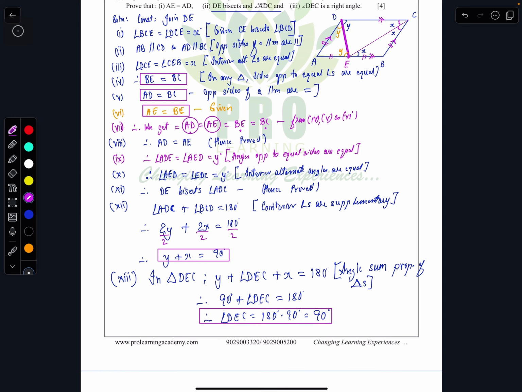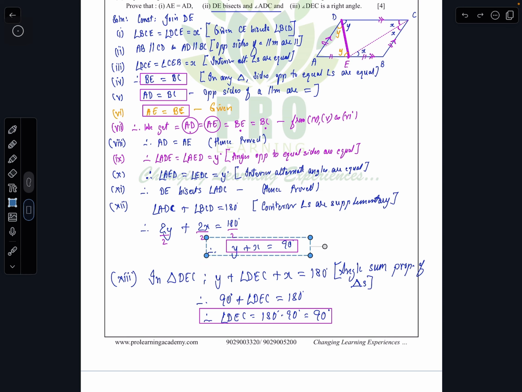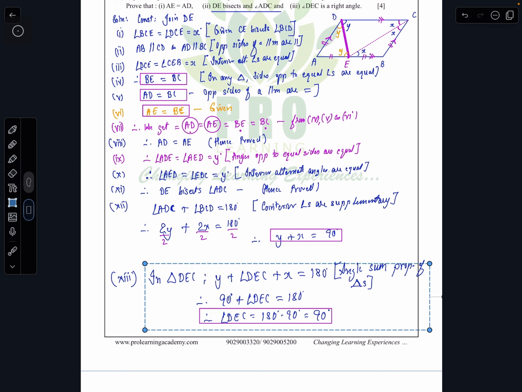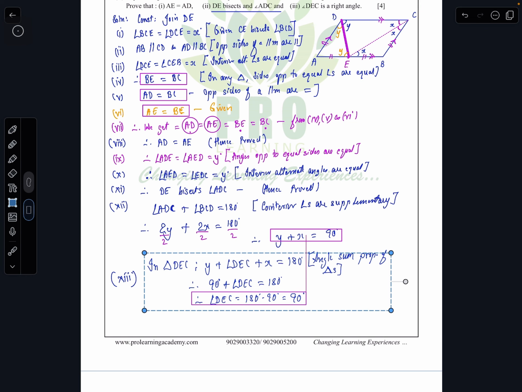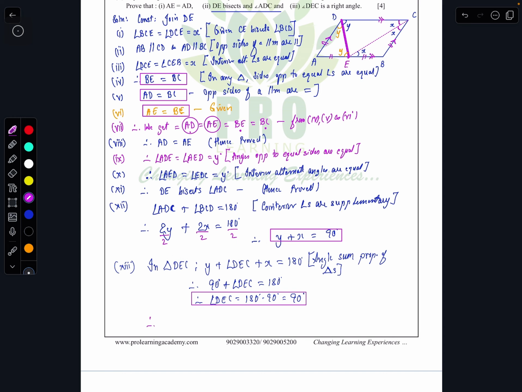So here our final statement is also needed. So what we could do here is, I could move just a little ahead here. So we are here. So final statement here.